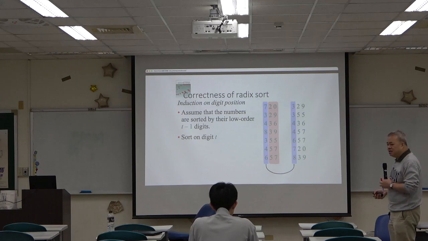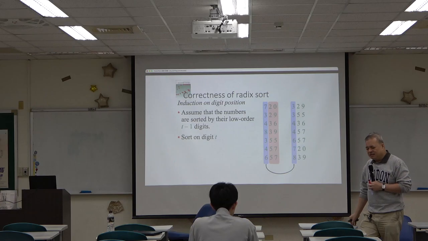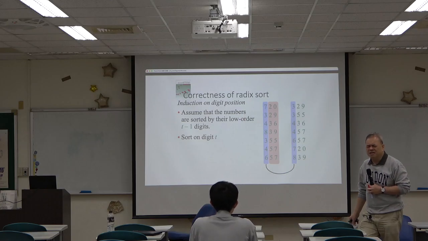First, obviously, we need to make sure, because this is a little bit different from the previous sorting algorithms, I mean, a little bit complicated, how do we make sure the algorithm is correct, right? So we need to prove that.